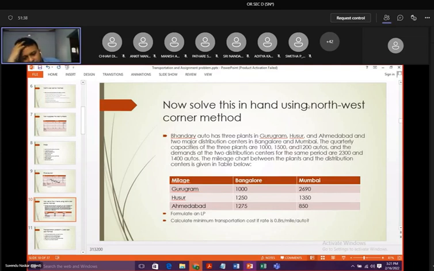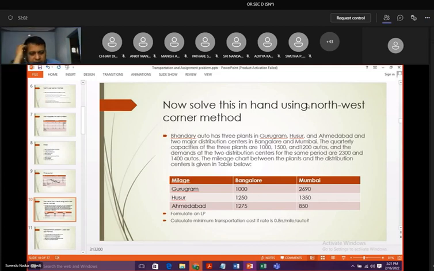What is the value of C11 here? I can see only a couple of you are responding. There are many people whose voice I have never heard. What is the C11 here? C11 is 1000 into 0.8.